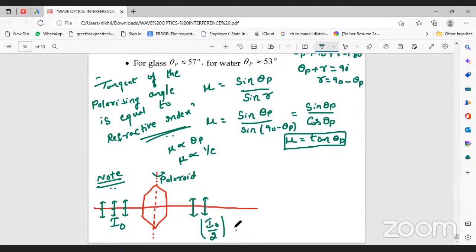So whenever unpolarized light is incident on a polaroid, after emerging, the intensity will become half of that, I naught by 2. Now, I'm going to use one more polaroid here.